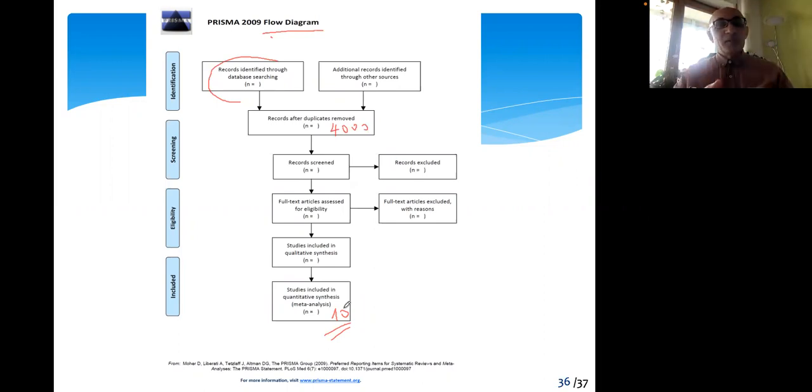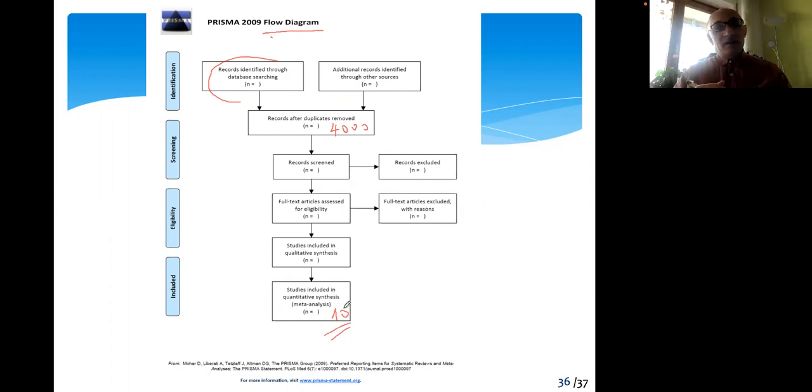Of course, the PRISMA guideline includes many other suggestions, but you are not supposed to keep all these different suggestions in your mind. When you require, you go and you look at the checklists or the guidelines.